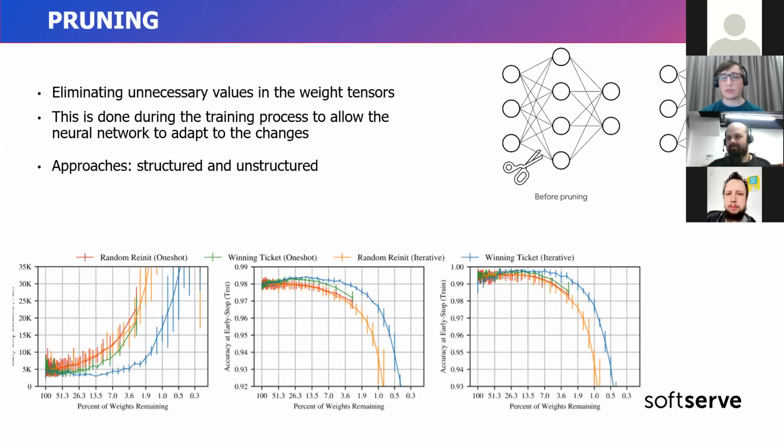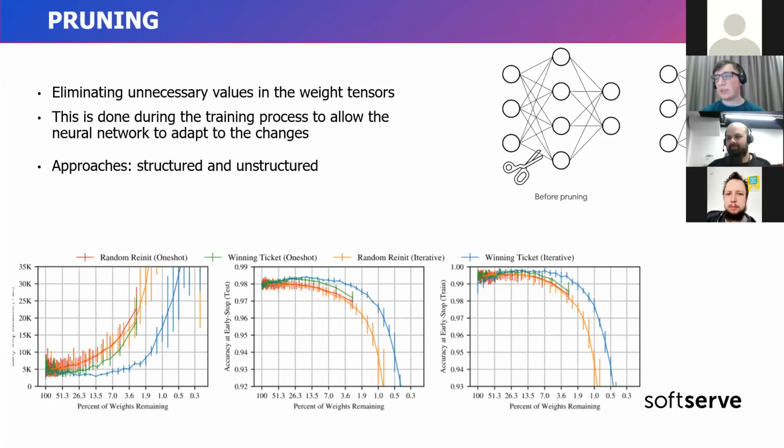Structured pruning allows to just remove some blocks of the neural networks, like some channels of the convolutional neural network, some part of the other layers, and usually it's not just a random process, and we remove some weights that don't affect the neural network very much.